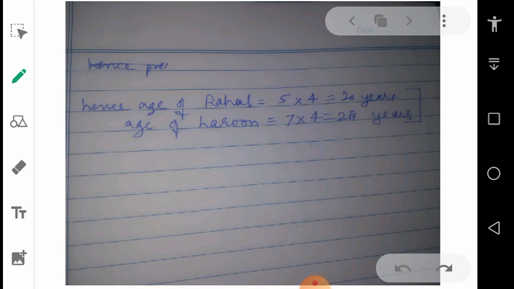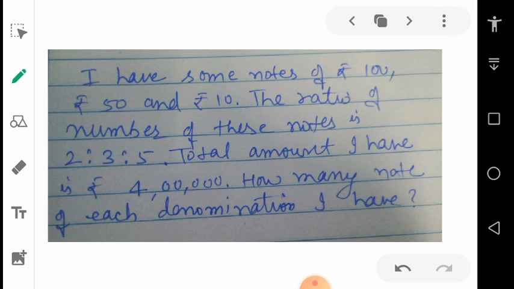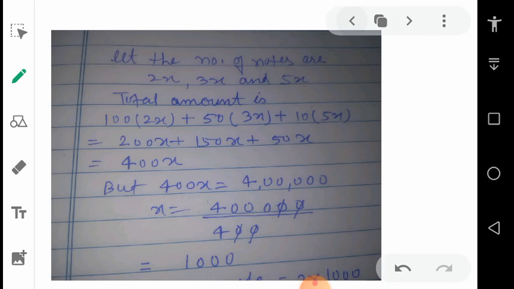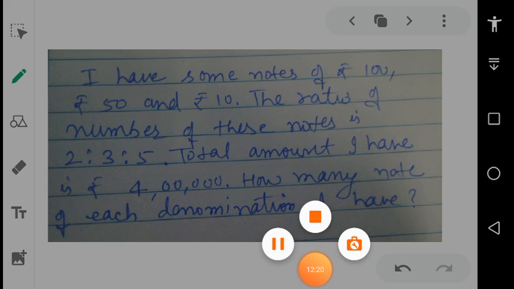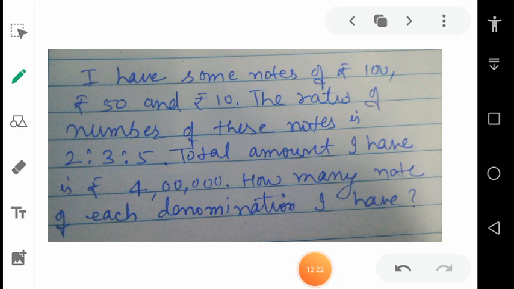Now the next question is about denominations. Some information is given: I have some notes of rupees 100, rupees 50 and rupees 10. The ratio of the numbers of these notes is 2 ratio 3 ratio 5.